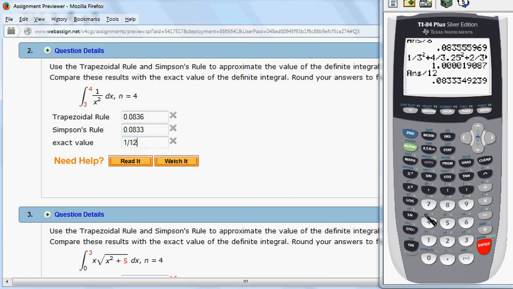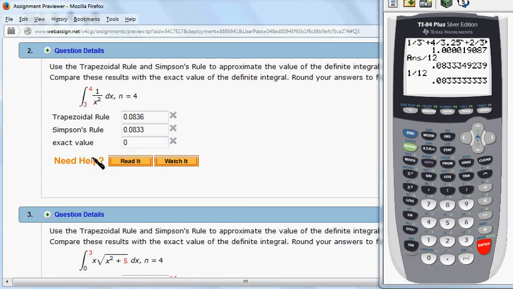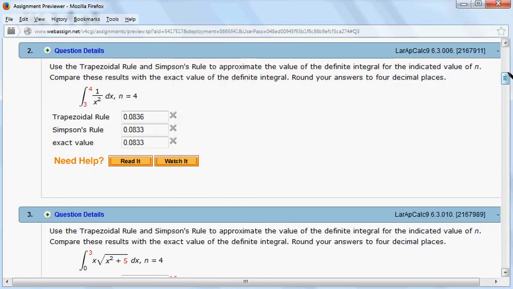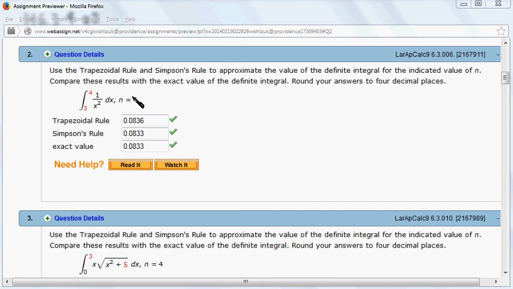Round your answers to 4 decimal places, so 1 over 12 is 0.0833. Let's check the answer. It's going to go down and submit for testing. It came back and looks like we got all 3 correct. That's it. I hope that this was clear.